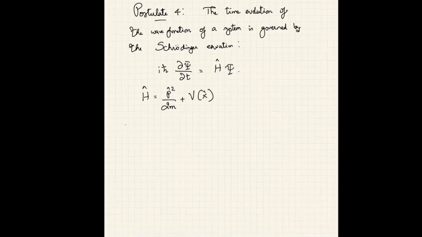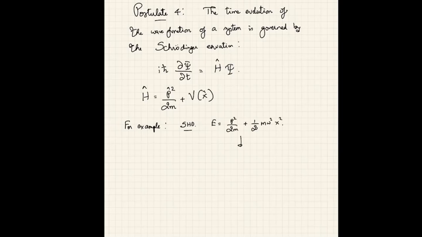So for example, okay, let us take the case of simple harmonic oscillator. In classical mechanics, the total energy of the simple harmonic oscillator E equals 1/2 m v square, the kinetic energy, or equivalently p square over 2m plus 1/2 m omega square x square.